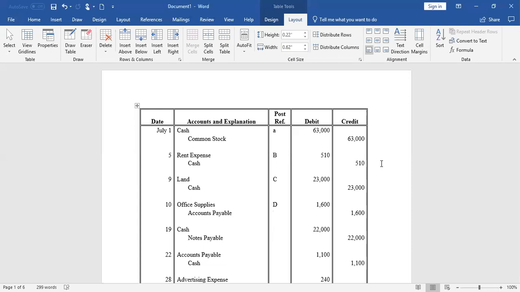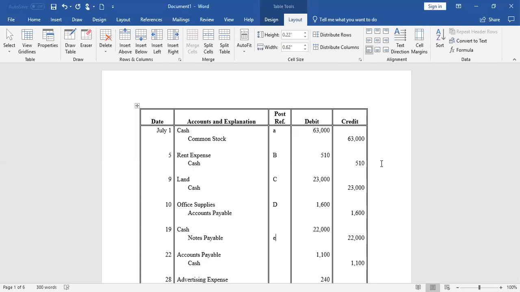July 19th. The company borrowed $22,000 from the bank for business use. So it doesn't come out and say they borrowed cash, but that's the assumption here. So they increased their cash in the business by $22,000. It's an asset. We increase assets on the debit side, so cash will be debited $22,000.